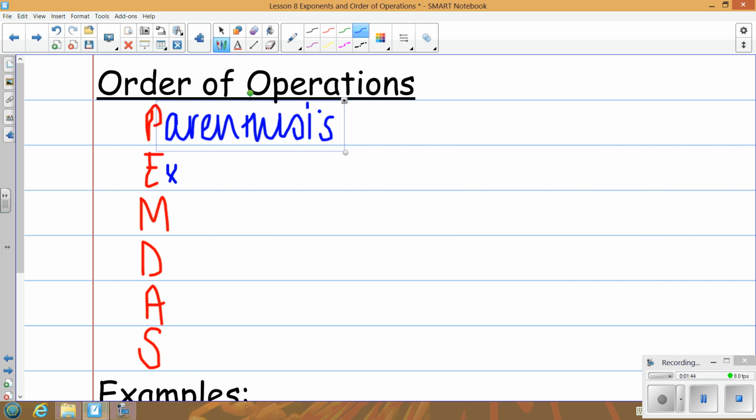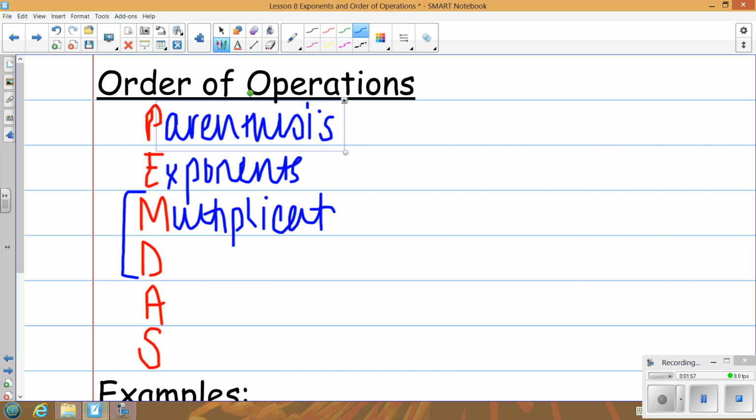Then you're going to do operations with exponents. And then multiplication and division, they're in the same priority. The M stands for multiplication, D stands for division, but you're going to do them in the same priority. So basically what that means is you're going to work left to right with multiplication and division.